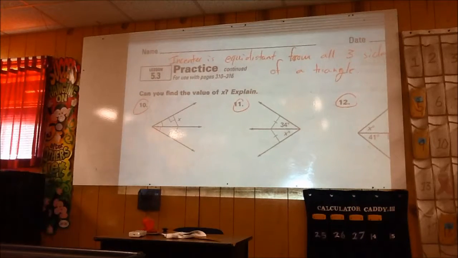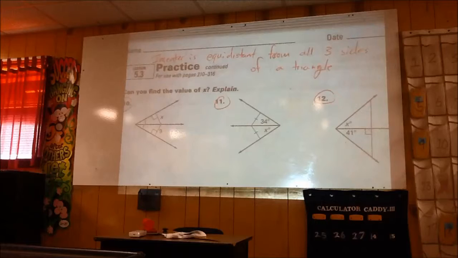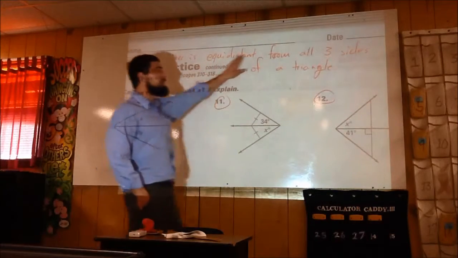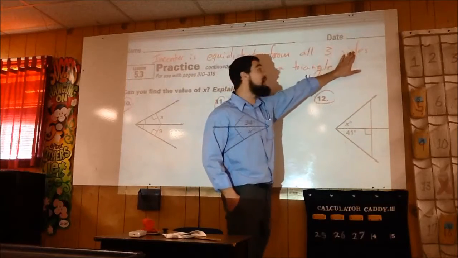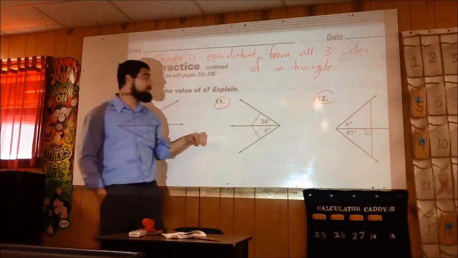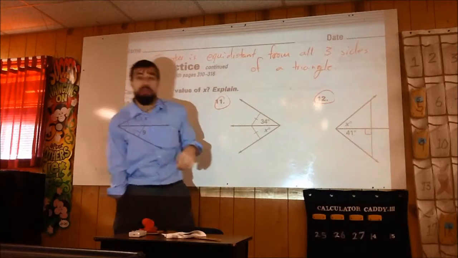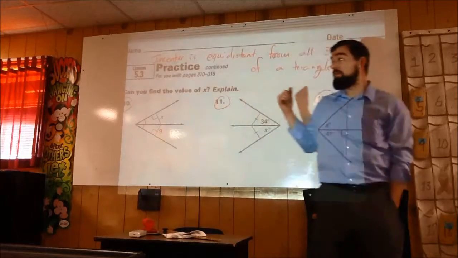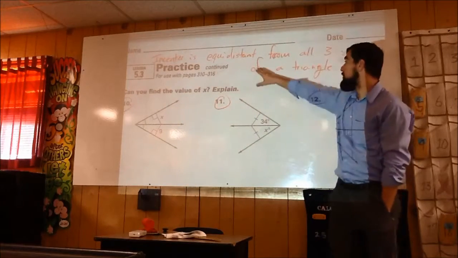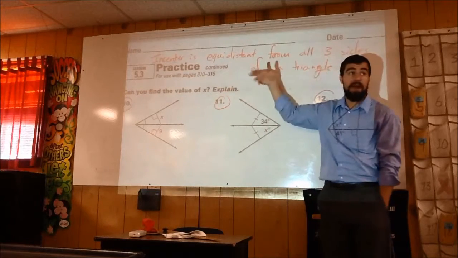This is what you need to remember about the incenter. And this is on your point of concurrency chart, but the incenter is equidistant from all three sides of a triangle. And if you need to go ahead and make a little mark, what do you need to remember about equidistant and a point to an object?